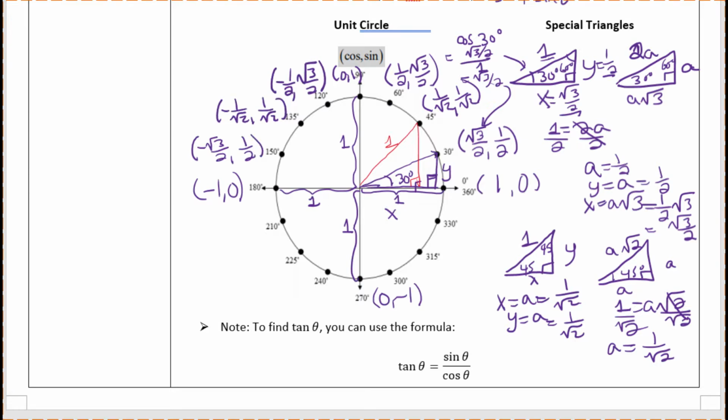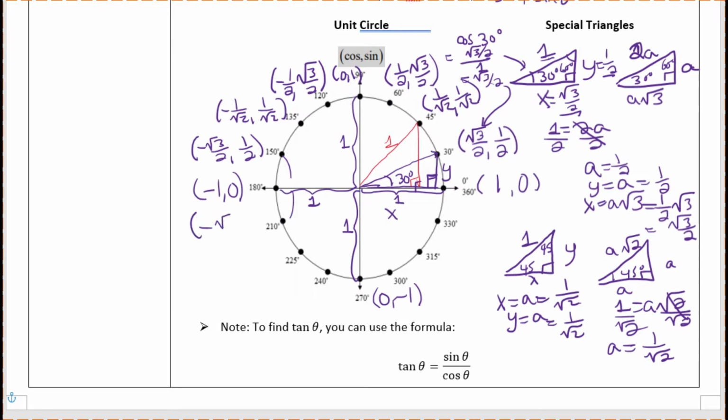Alright, now the 210 is related to the 150, because they're the same distance apart from the 180. So the 210 is going to be the same as the coordinates of the 150 or the 30, except the x is going to be negative and the y is going to be negative.